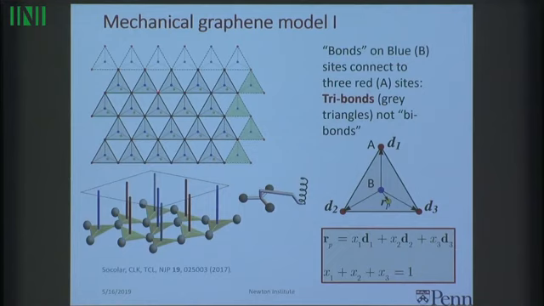Okay, let me talk about the bend one first. So let's imagine that we pin the triangles at the blue site. And then the degree of freedom that we allow is for the red site to move up or down.